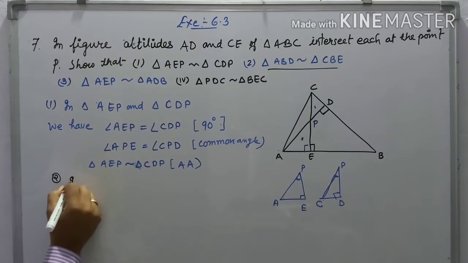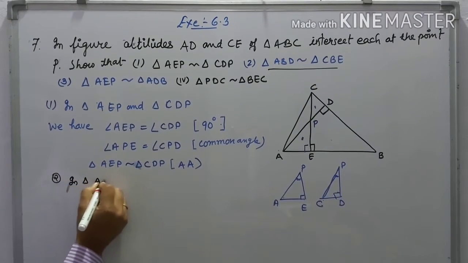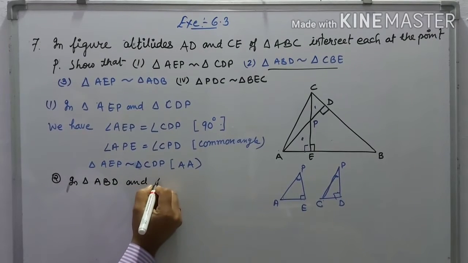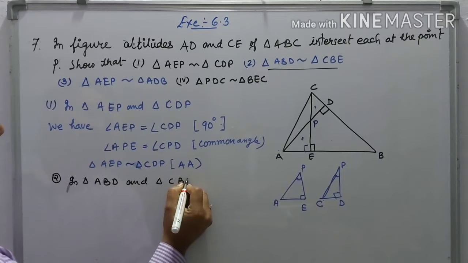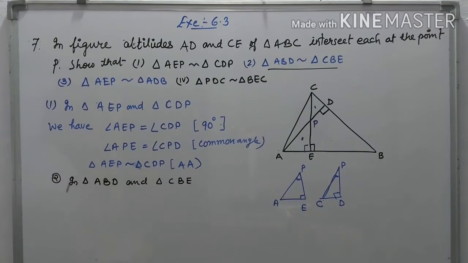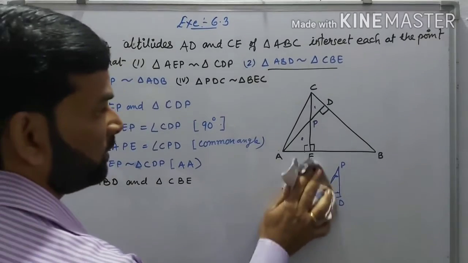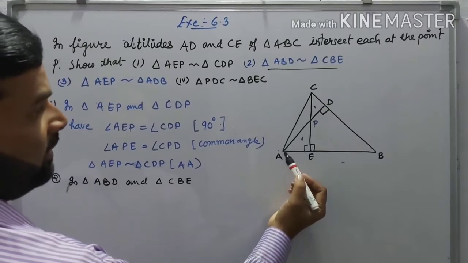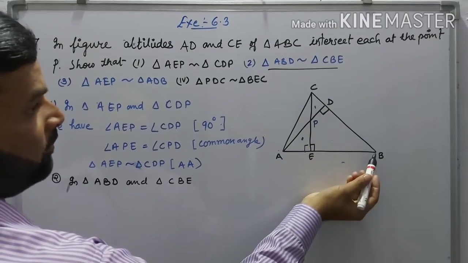in triangle ABD and triangle CBE. First we draw a rough separate diagram of the given two triangles. Which triangle? ABD. Where is the ABD?